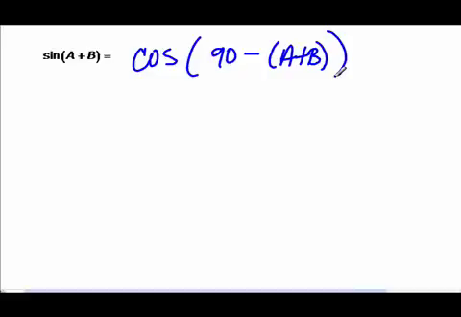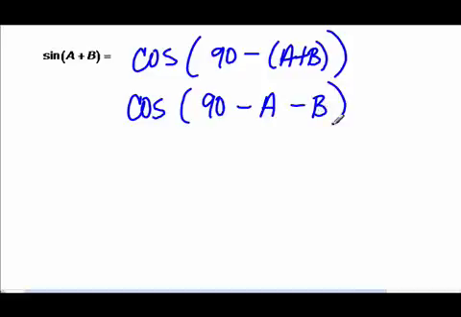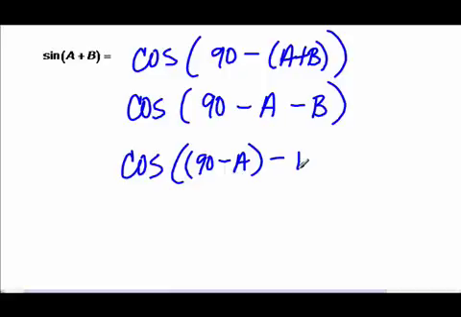And we're going to sprinkle some algebra dust on this. We're going to think of this as being 90 minus a minus b. Distribute the negative through. And we're going to regroup this as 90 minus a, that quantity, minus b.